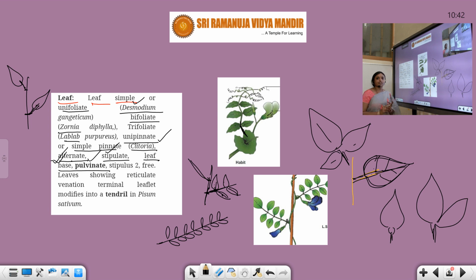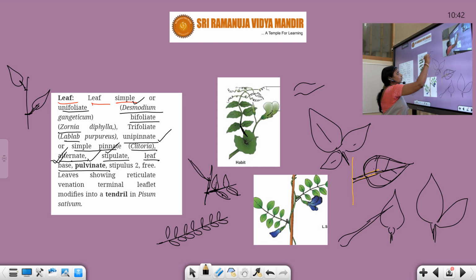Pulvinous means, if you observe at the base, the rachis is like this. That means swollen. Here this portion, the end of the rachis or the end of the petiole is swollen. So the swollen part is called pulvinous leaf base. So in Fabaceae, pulvinous leaf base is present, pulvinate, or you can write pulvinous.